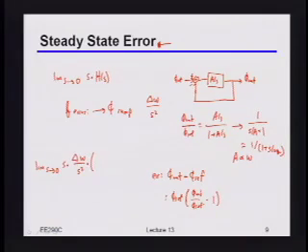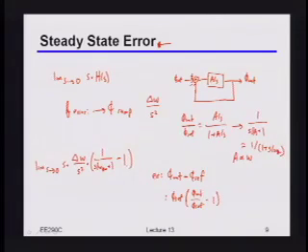Okay? So if I write all these things out, I get 1 over s over omega bandwidth plus 1, minus 1. Okay? Everyone tracking so far?